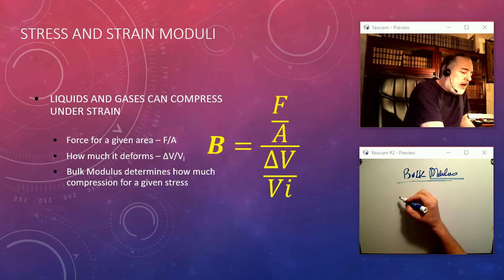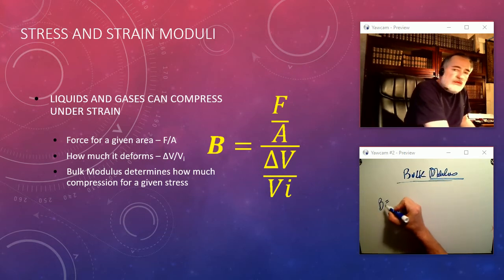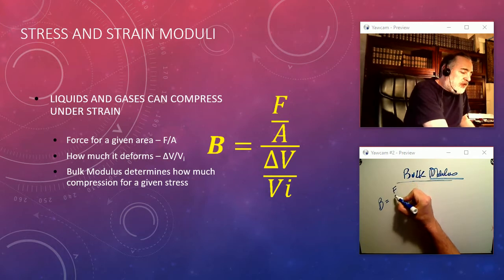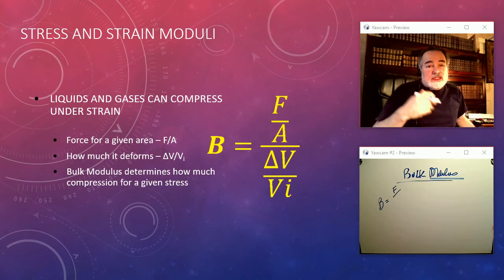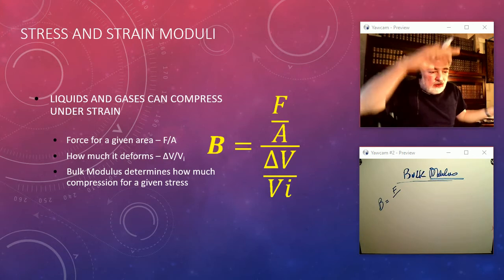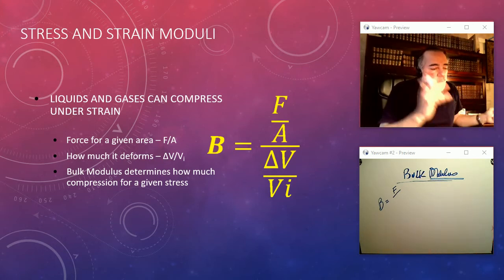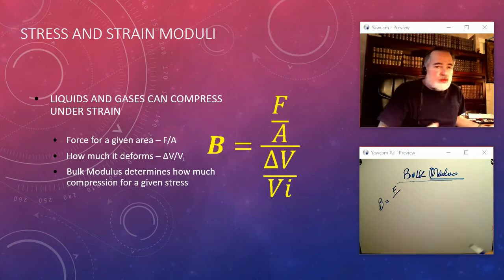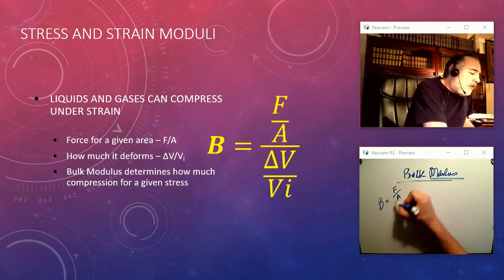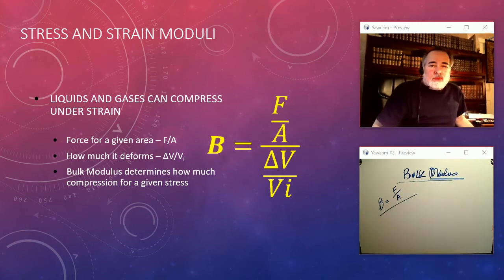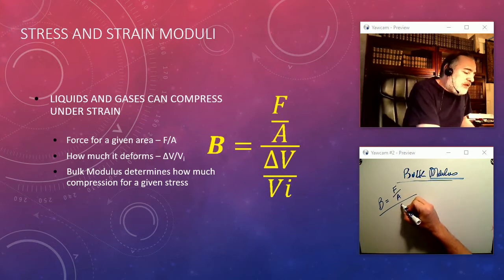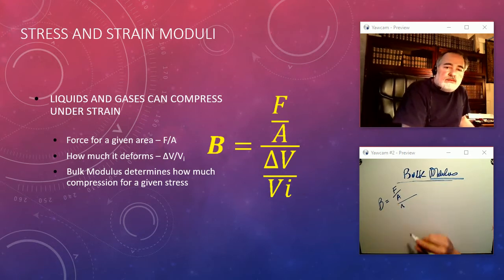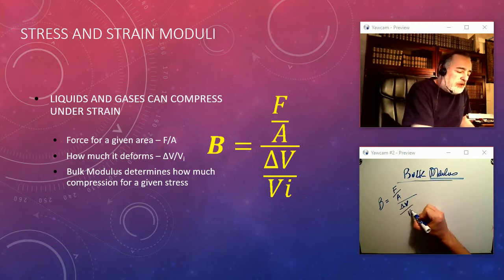So the bulk modulus is stress under strain, as always, the amount of force we're putting on it. And typically this is something you're measuring in pascals. As you're getting so much force on all the way around a given area, submerging it underwater for a given area, and that's going to change the volume of something from its original volume.